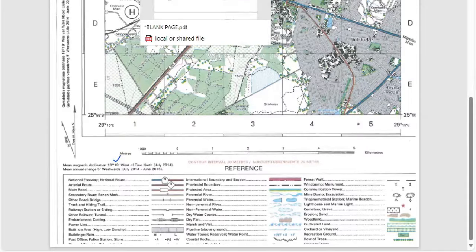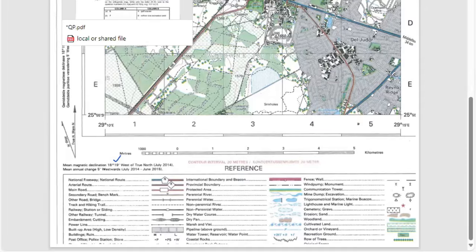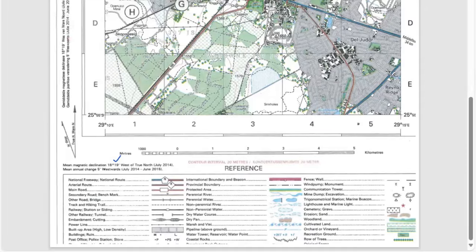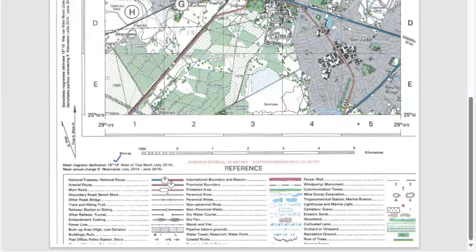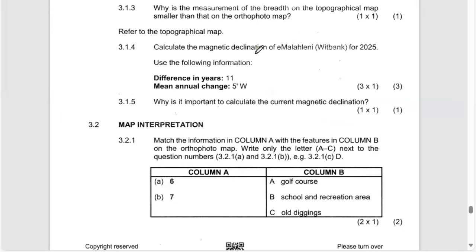So we are going to use that map information to get the declination in 2025. The declination angle for 2014 was 18 degrees 19 minutes. Then we need to find the total change.